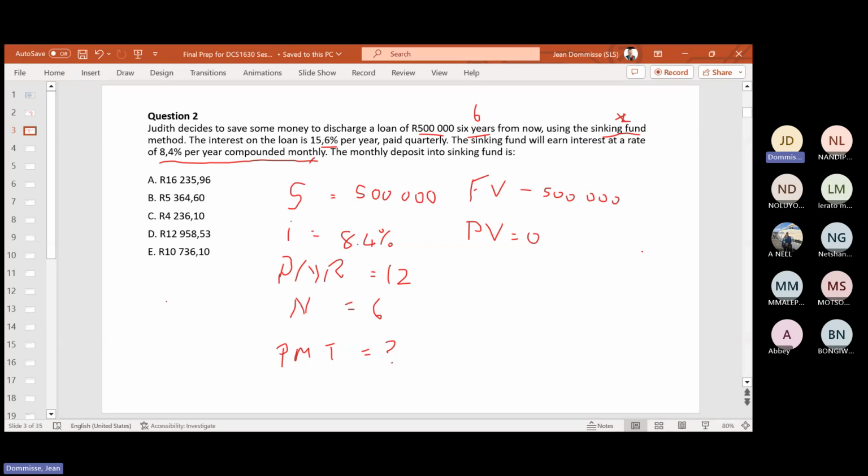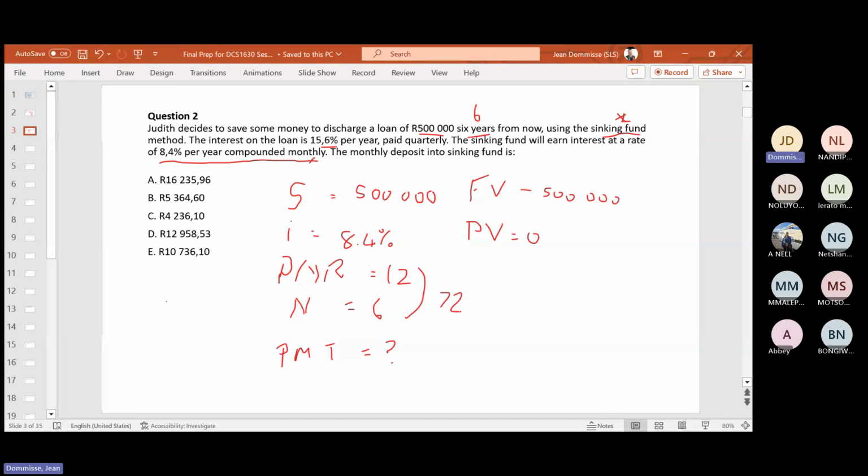Okay, so let's put that into the calculator. It will be minus 500,000 future value, 12 times per year, for 6 years. So remember that is 72 periods.